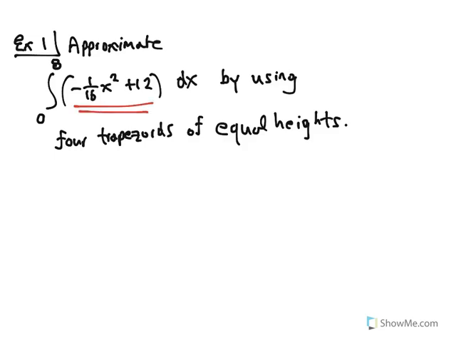You can see that the integrand is given as an equation. So we want to estimate the value of this definite integral by graphing the function and estimating the area under the graph of the function above the horizontal axis between x is equal to 0 and x is equal to 8 by using the areas of 4 trapezoids of equal heights.